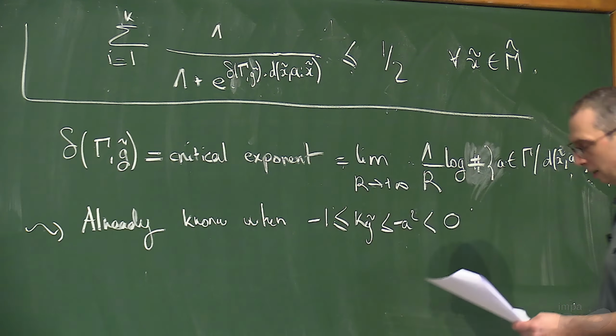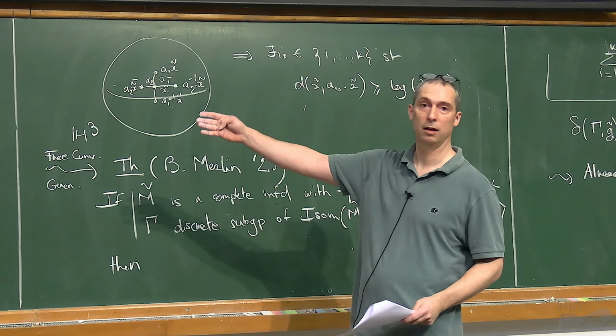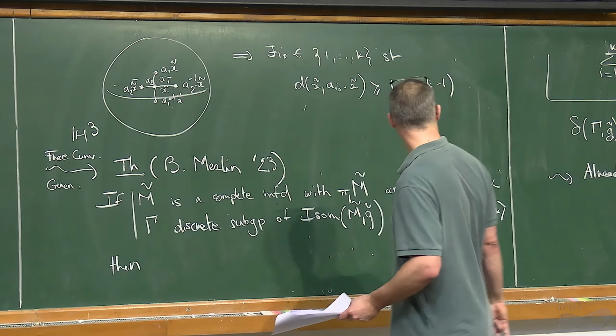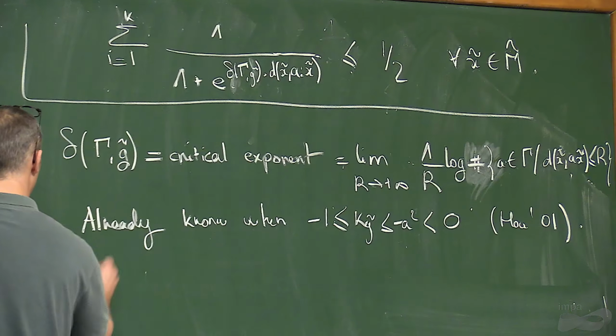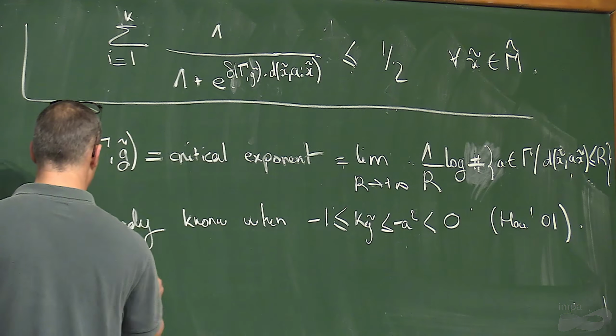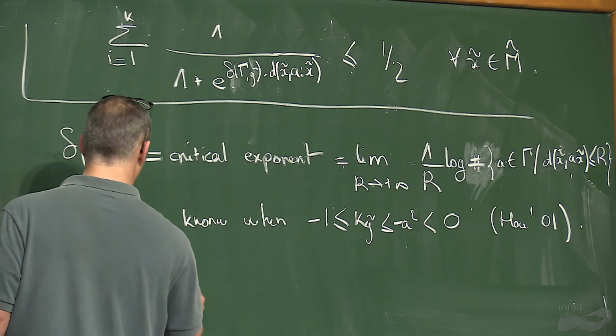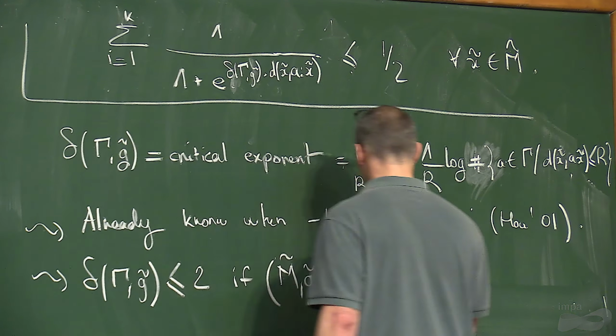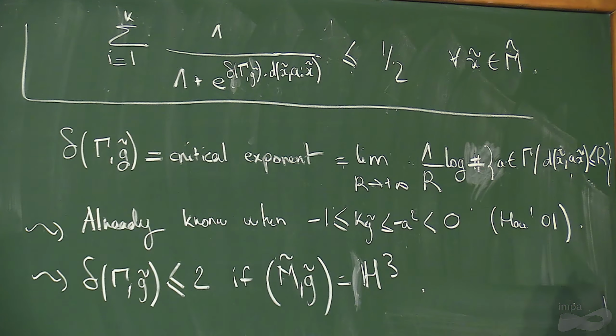So you can see that all these conditions are realized here as a special case. But what happens is that in general, we have this invariant, which is less than or equal to 2 if the manifold is H3 with the hyperbolic metric. Okay? So you don't strictly recover this theorem as a special case of this one.